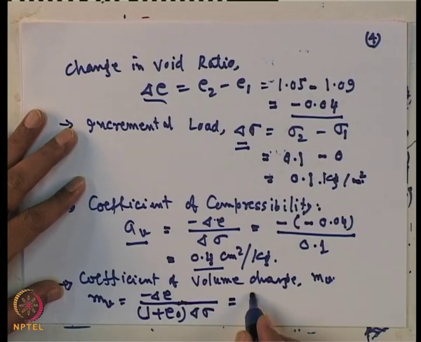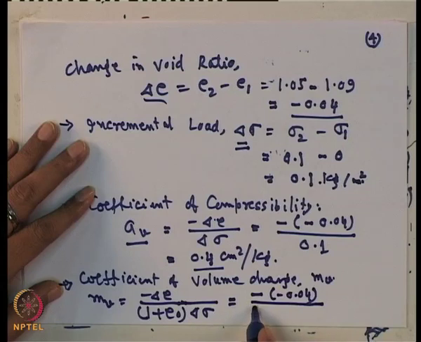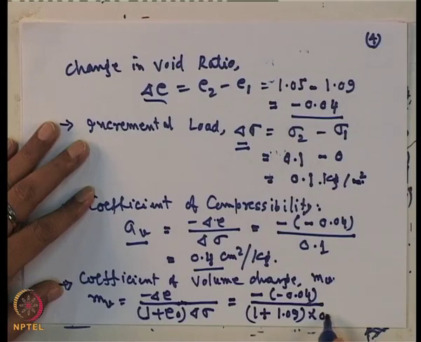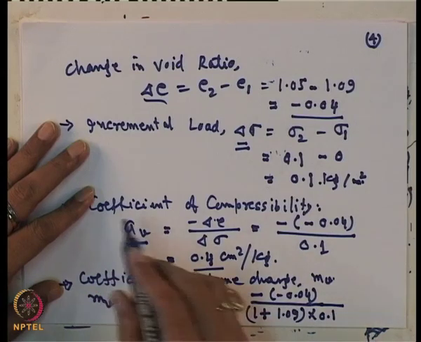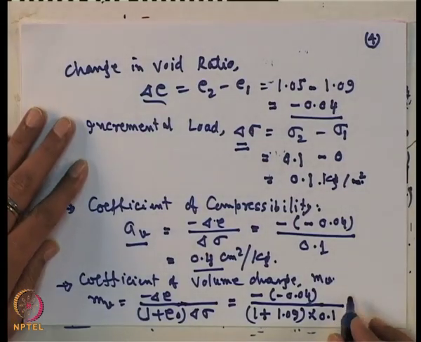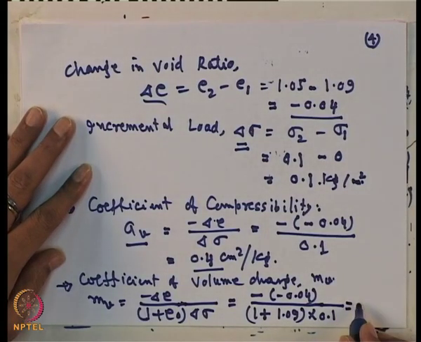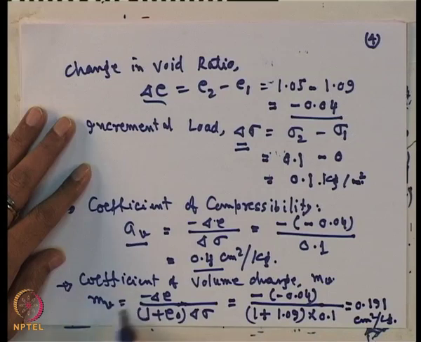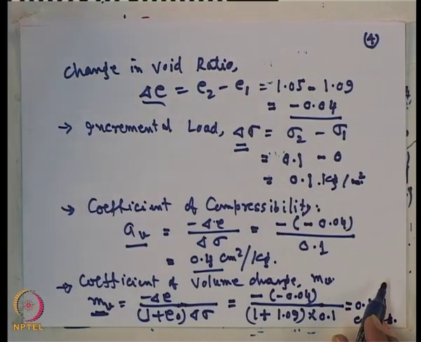So this is minus, minus 0.04, divided by 1 plus e0, that means 1 plus 1.09 we calculated earlier, into delta sigma at a load of 0.1. If you calculate this, you get 0.191 centimeter square per kg. So this is the coefficient of volume change.